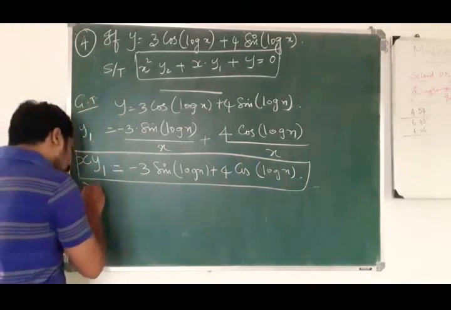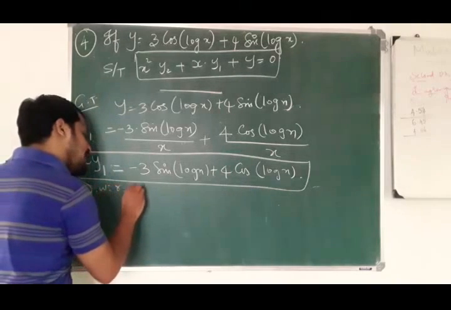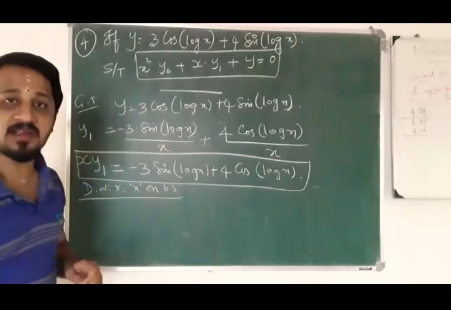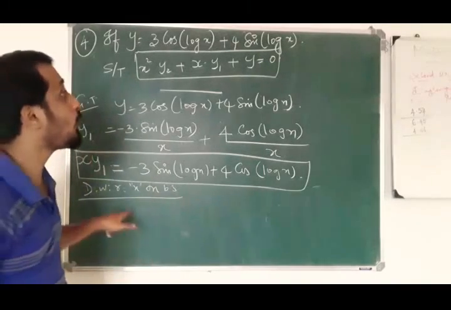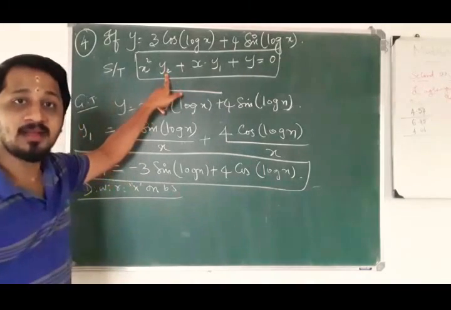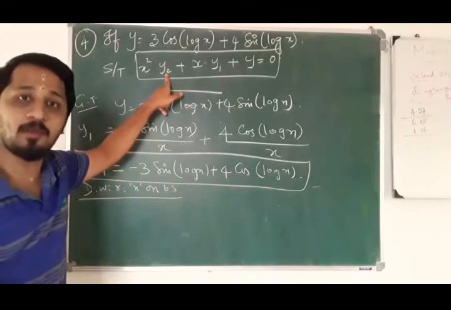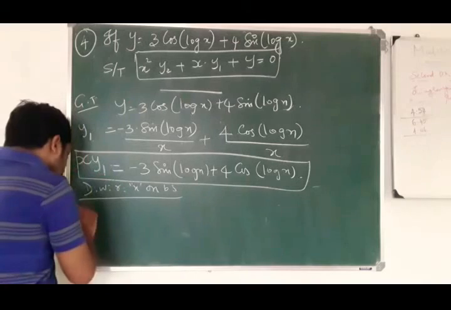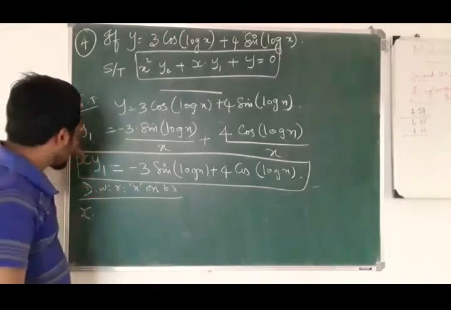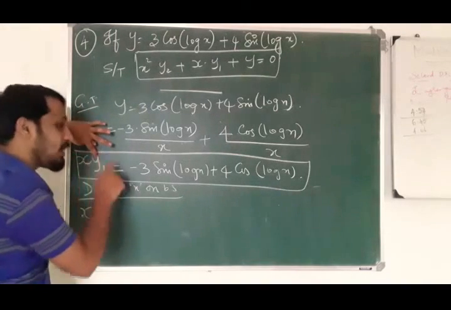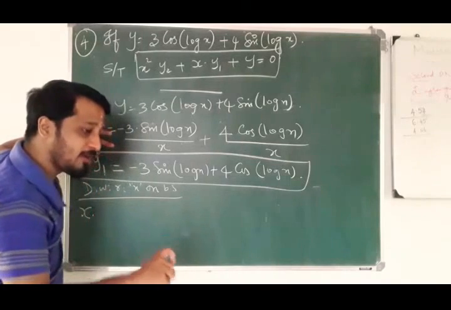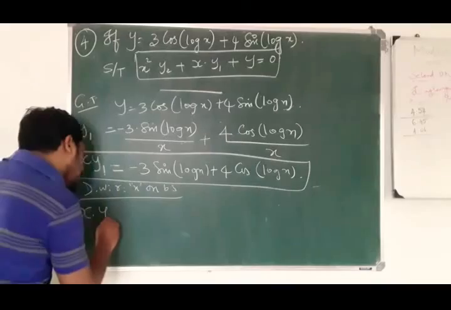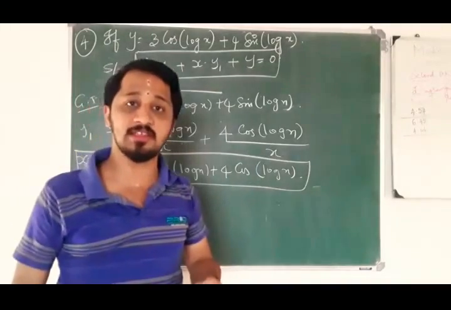Now again differentiating with respect to x on both sides. Why? Because here we want y2, that means we want d square y by dx square. So x into y1, first function into second function. If I am differentiating dy by dx again with respect to x, you will get y2, that is d square y by dx square.